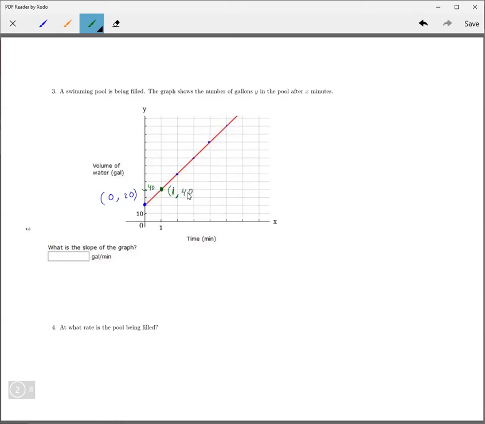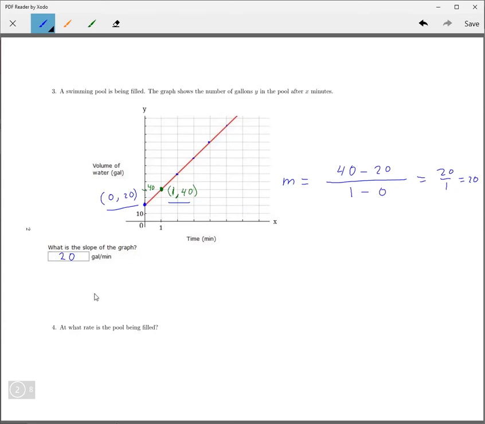So here are 2 different points. The slope will be the difference in the y coordinates divided by the difference in the x coordinates. So that's going to be 20. The slope is 20.